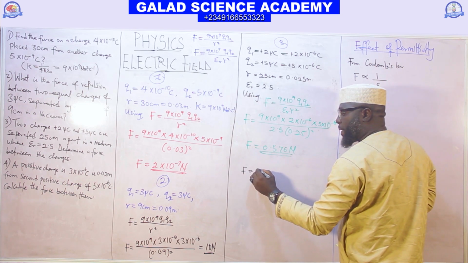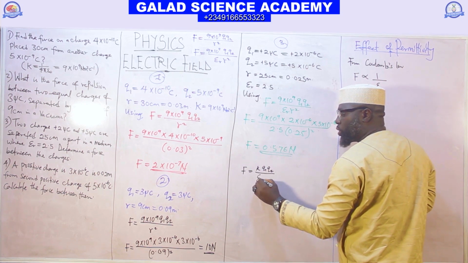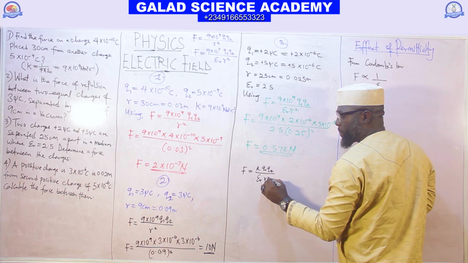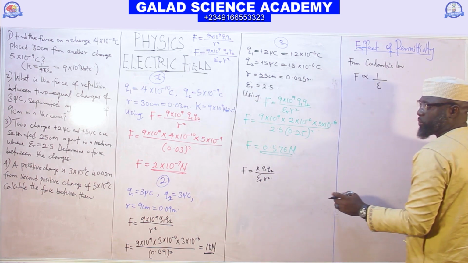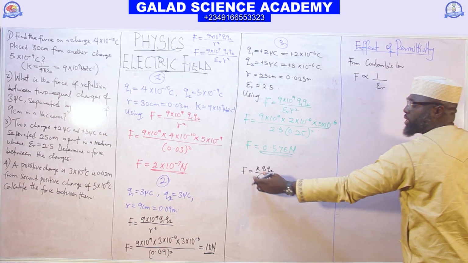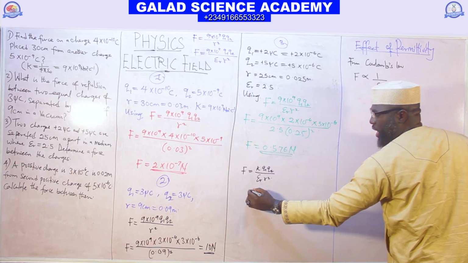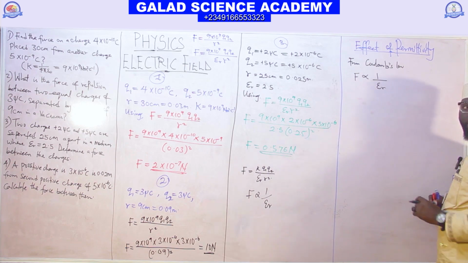let me say K, Q1, Q2 over R square. So from this formula now, if we remove this, we have F proportional to the permittivity.